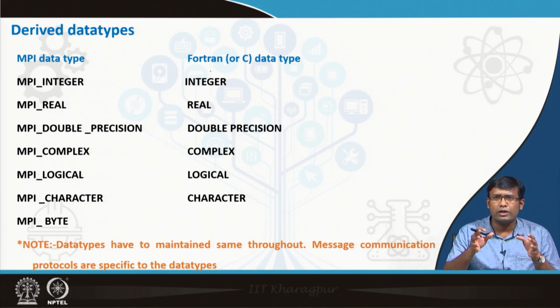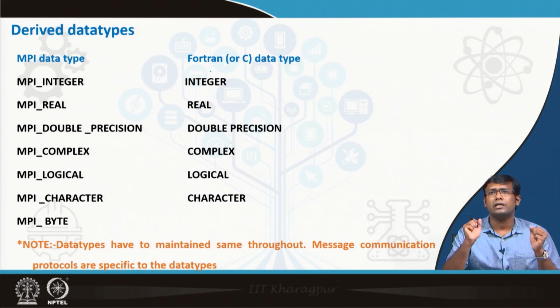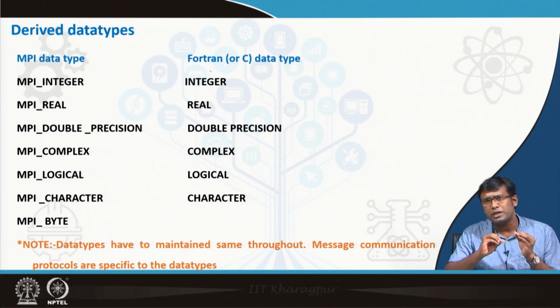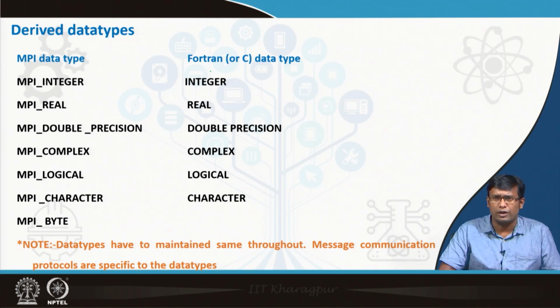Therefore, when we are considering data in an MPI data transfer, this is data in transit, which is being transferred across the processors, and once a processor receives this data, it must know that it should map to the particular data type the processor, the OS or the compiler is using for its own work.